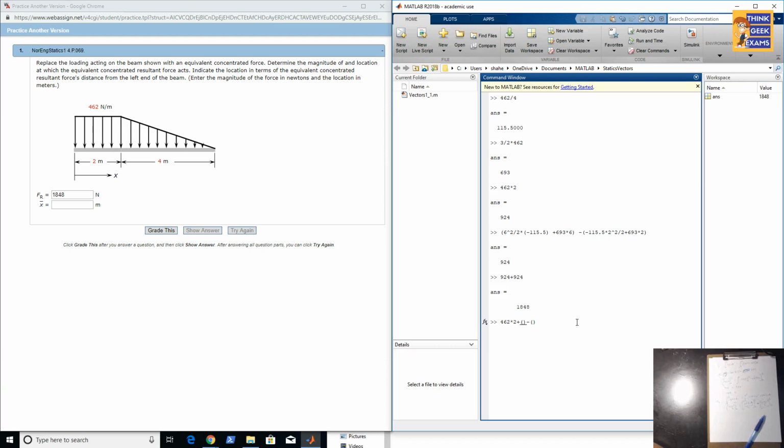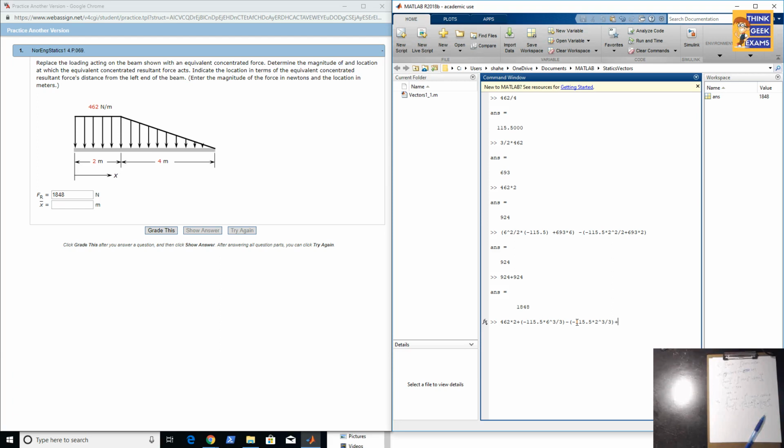So the positive part is minus 115.5, and we got that same thing on the other side, times 6 cubed divided by 3, and we have the same thing on that side. It's 2 cubed divided by 3, and that took care of the middle portion.